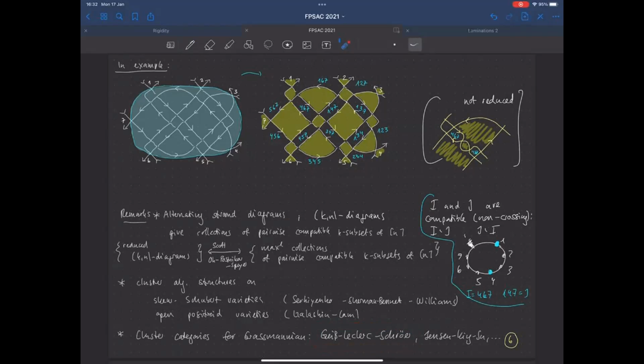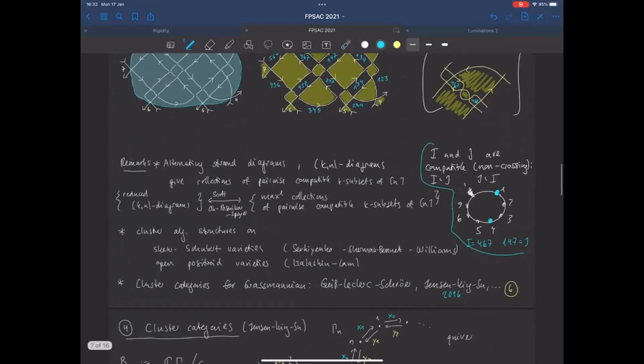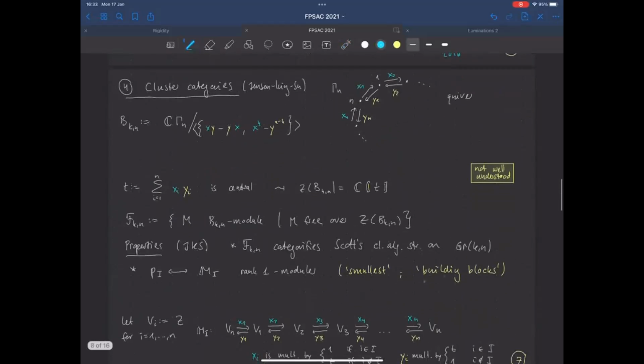And then Jensen, King, and Su around 2016 is the approach I'm going to use today. This is a very nice categorification of Scott's approach because it gives exactly every one of the, say, Plücker coordinates, whereas the Geiss, Leclerc, Schröer will miss one.